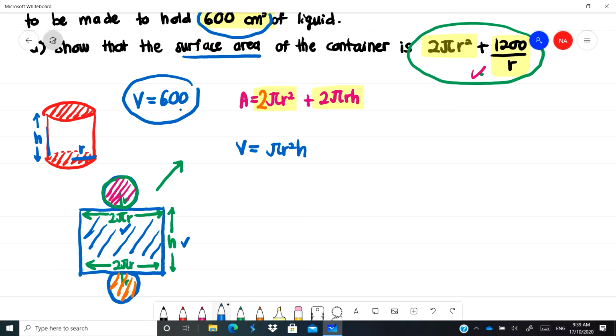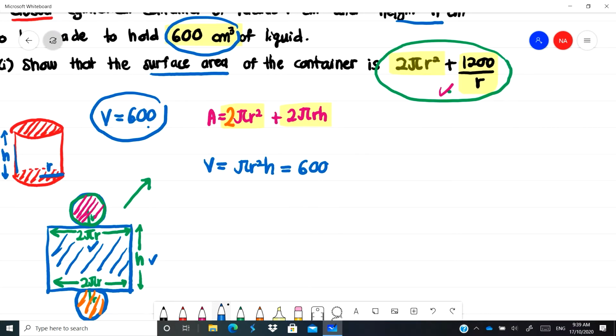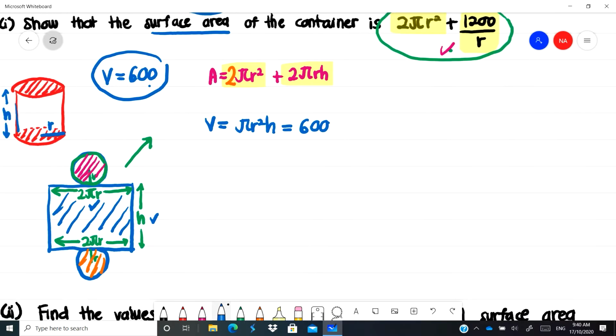Since the volume is given by 600, we will just write pi r square h is equal to 600. Please note that in this formula we don't want the h part here because we don't have h here. So what we need to do is let h equal to something, to write h in terms of r.